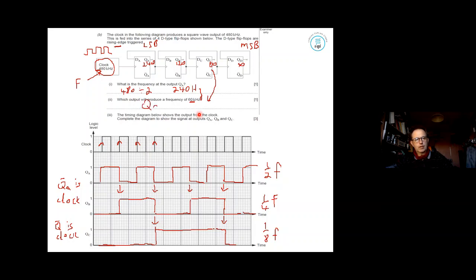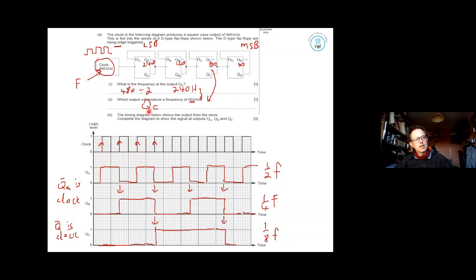That is the case with the binary counter. So practice drawing timing diagrams when it comes to binary counters, right? Can be tricky. So key thing: for the first one, clock goes in, rising edge.